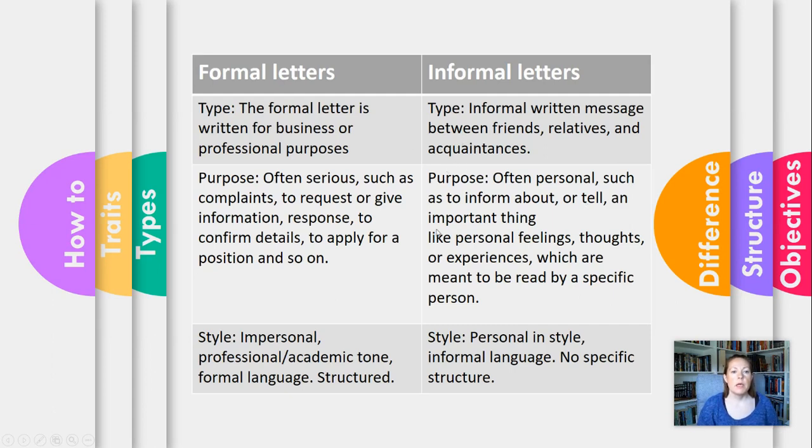And the purpose of the formal letter is very often serious. It could be to complain about something, if you want to request or give information, depending on whether or not you are the customer or the business partner, for instance. If you want to give response to something, if you want to confirm details, or to apply for a position or so on. And this is what we're going to work with.